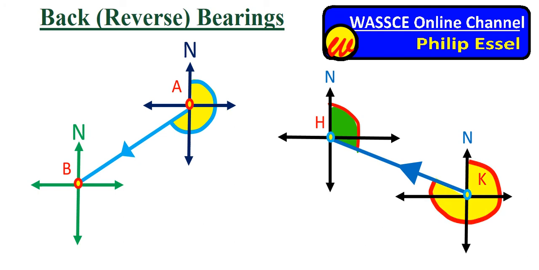So this yellow angle is the bearing of H from K. Let's look at another trick.